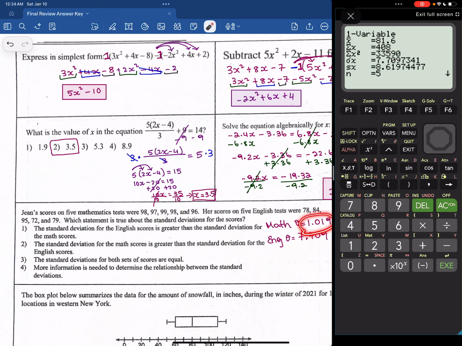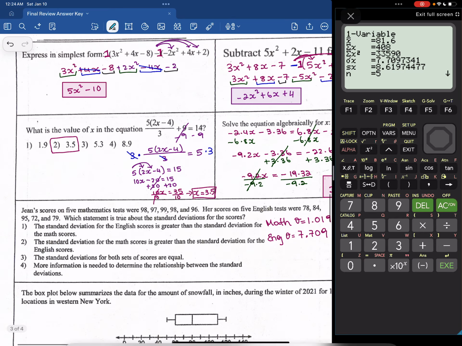Choice two says the standard deviation for the math scores is greater than that of English. Obviously, that's not true. Standard deviation for both sets of scores is equal. That's again not true. And more information is needed to determine a relationship. No, because we actually did find the standard deviation. So here our answer would be choice one.